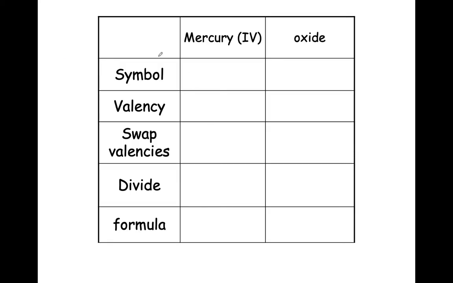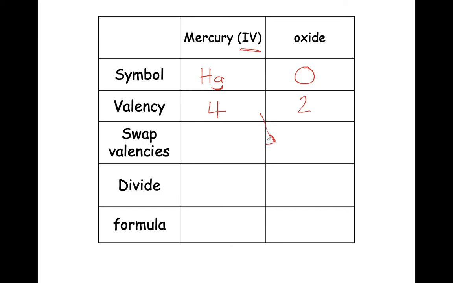So let's start with mercury(IV) oxide. Our symbol for mercury is Hg, and the symbol for oxygen, as we've seen multiple times this video, is O. Our Roman numeral IV tells us that mercury has a valency of 4 and oxygen, which is in group 6, has a valency of 2.